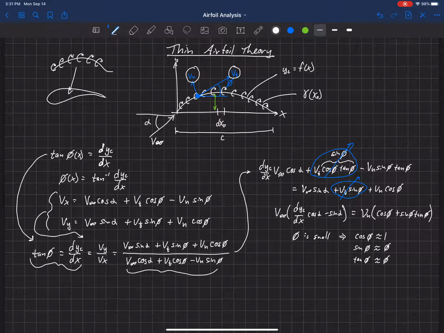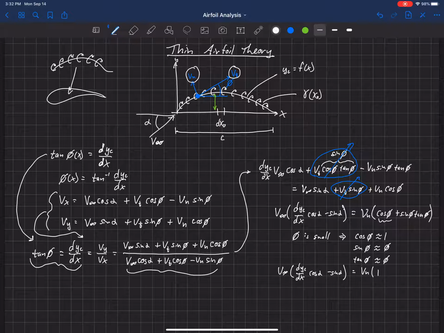Okay, so now I can plug these in, and what I get on the left-hand side is still V infinity dyc/dx cosine of alpha minus sine of alpha. And then on the right-hand side, I say that's equal to Vn, and instead of cosine of phi, I've got 1, and instead of sine phi and tangent phi, I've got phi squared.